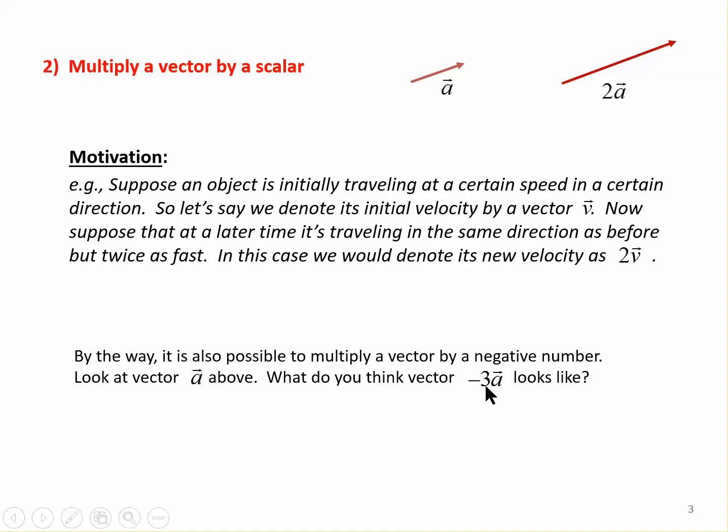Well, if I multiplied a vector by +3, that would be the same vector pointing in the same direction as the original, just 3 times longer, 3 times the magnitude. But the minus sign tells you that the direction of the arrow of the vector is flipped. So in other words, if I have a vector and I multiply it by -1, all I'm doing is flipping the direction of that vector, flipping the arrow.